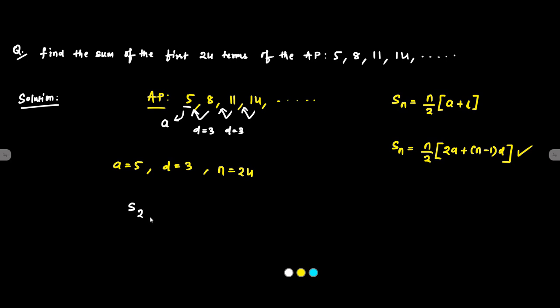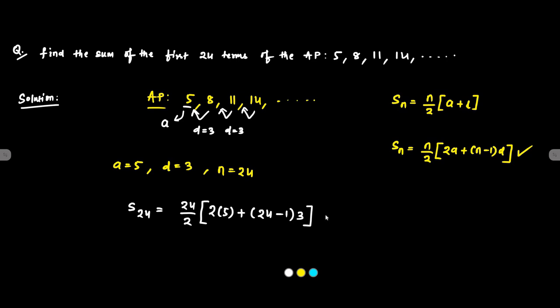So it is S24, which will be equal to 24 by 2 into 2A, that is 2 into 5, plus n minus 1, that is 24 minus 1, into d, which is 3.